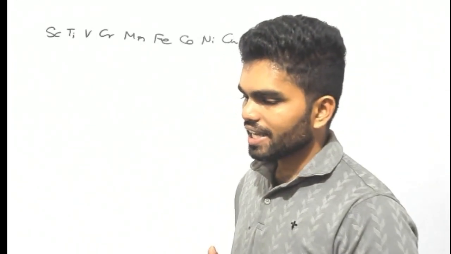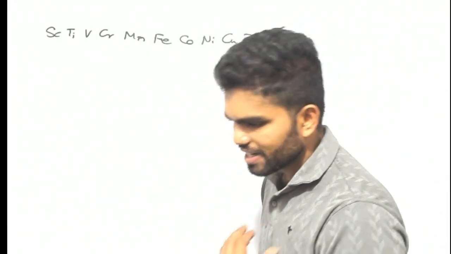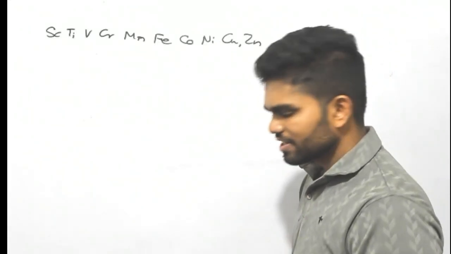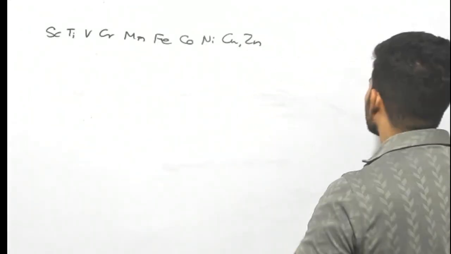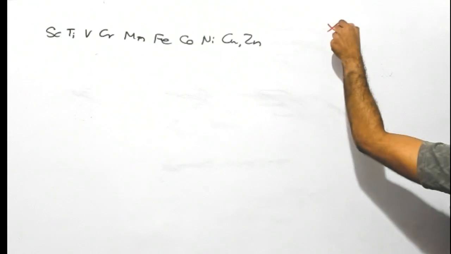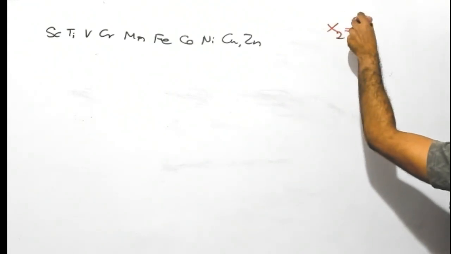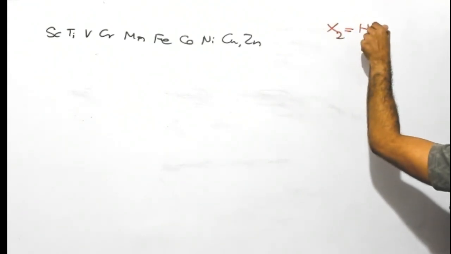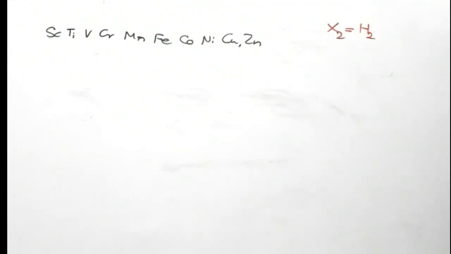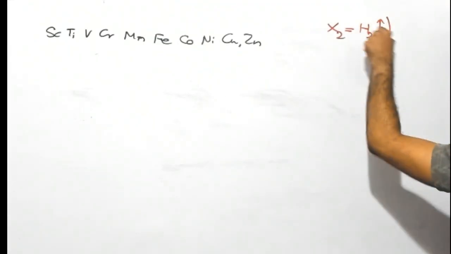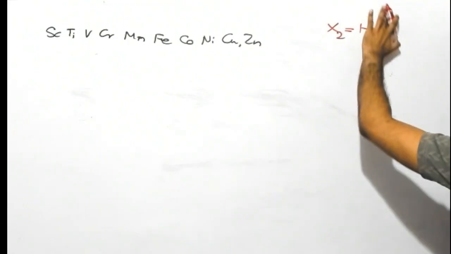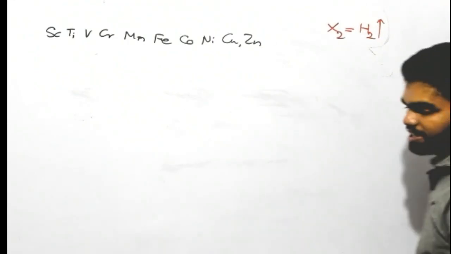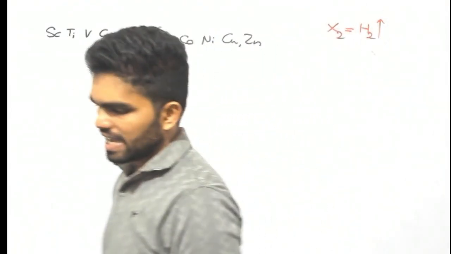So without knowing anything, you can get the idea what X2 is. X2 is going to be hydrogen, because metals and acids react to give hydrogen gas. H2 is hydrogen gas. No need to put an upward arrow, but I am putting it here just to emphasize that it is a gas.